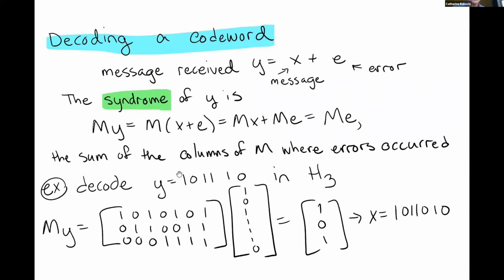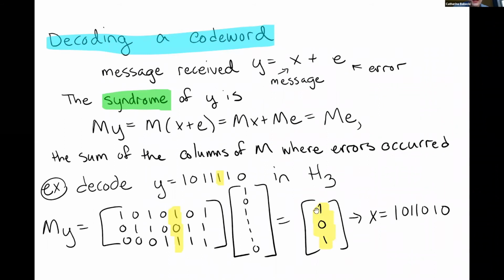Let's see how that works with an example. So suppose we received this message, and we were using the Hamming code H3 that we've been talking about. So the syndrome of this message, we can compute by doing this multiplication. It ends up being 101.